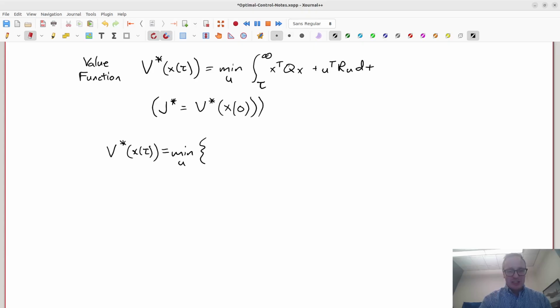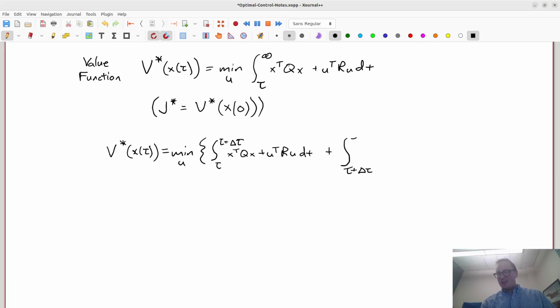So it's going to be the integral from tau to tau plus delta tau, where delta tau is a very small amount of time, of x transpose Qx plus u transpose Ru dt, and then plus all of the rest of time. So I'm basically dividing this up into two sections. One is before tau plus delta tau, and one is after tau plus delta tau, all the way out to infinity.